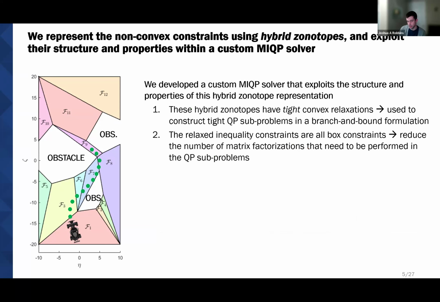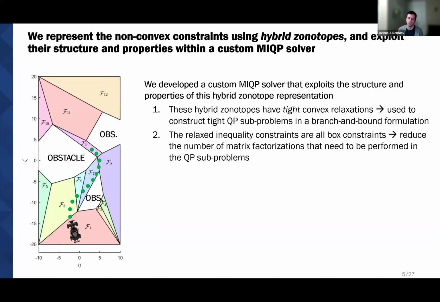And we developed a custom MIQP solver that exploits the structure and properties of this particular hybrid zonotope representation to solve these autonomous vehicle motion planning problems more quickly. Specifically, exploiting the properties that the hybrid zonotopes have tight convex relaxations, meaning in this case that the convex relaxation is equal to the convex hull. And this allows us to construct QP subproblems that are tight and that allow us to converge in fewer branch and bound iterations.